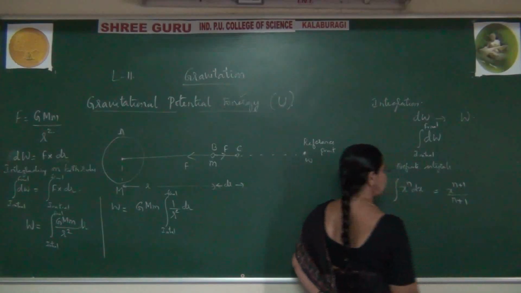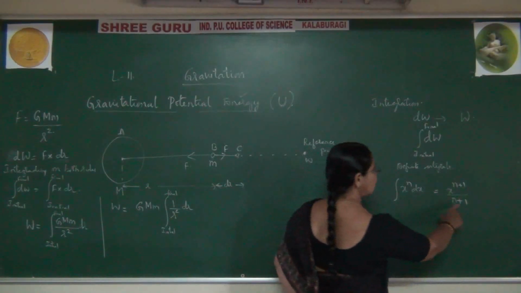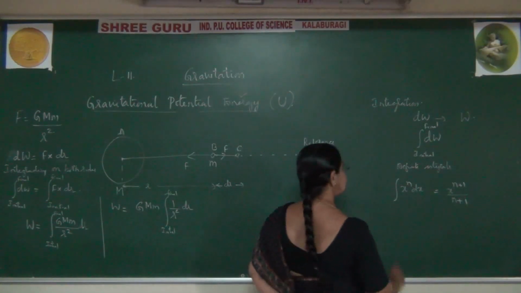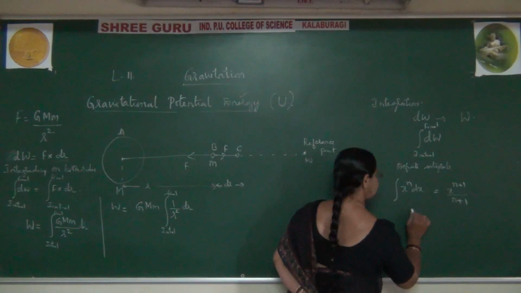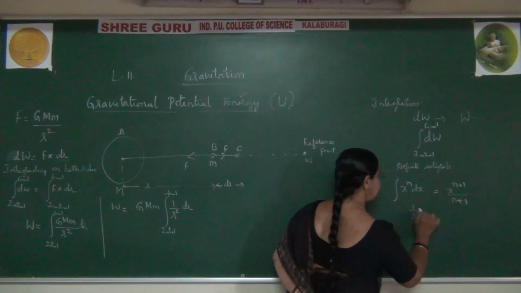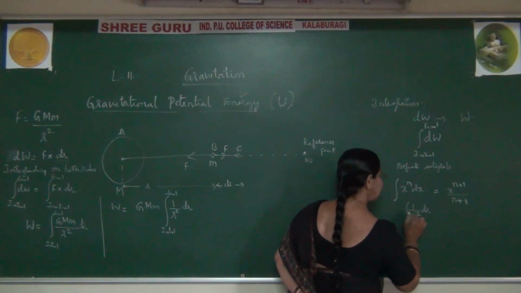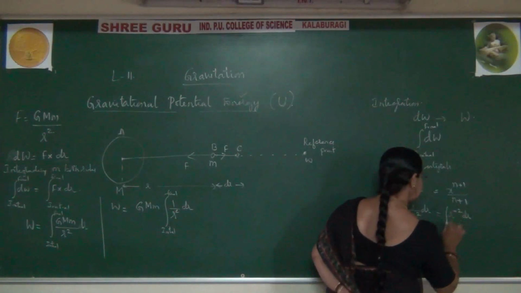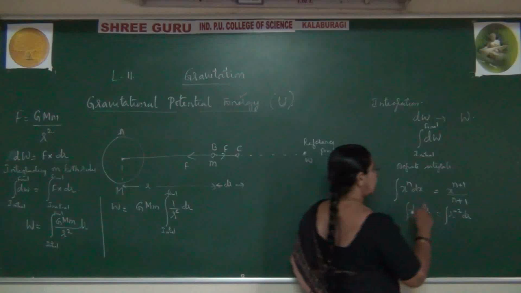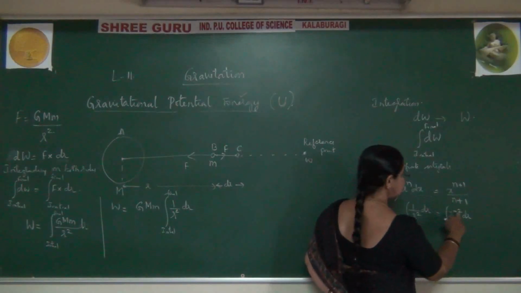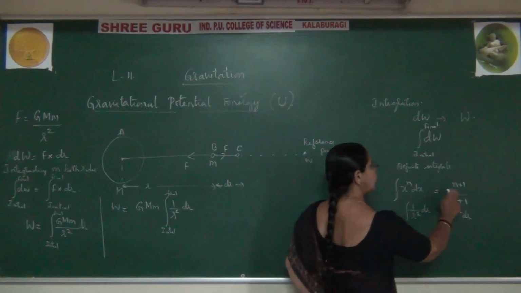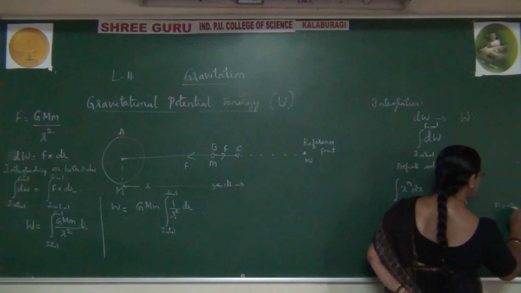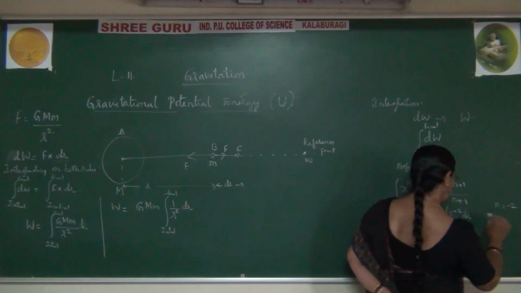This is the rule in integration, so this formula we have to use here. Here we have 1 by r square dr, which can be written as the integral of r to the power of minus 2 dr. Here n is nothing but minus 2. So with the help of this I can write. When n is equal to minus 2, using this formula, what do you get?